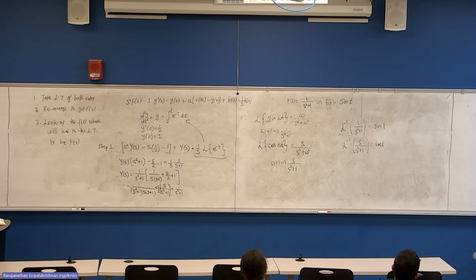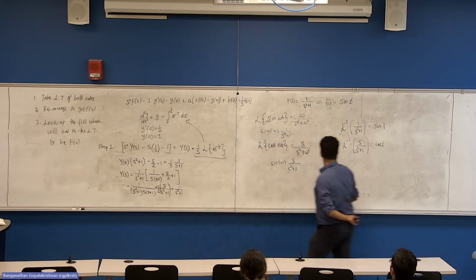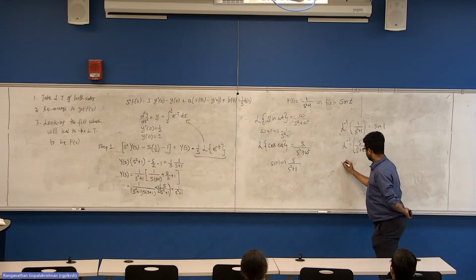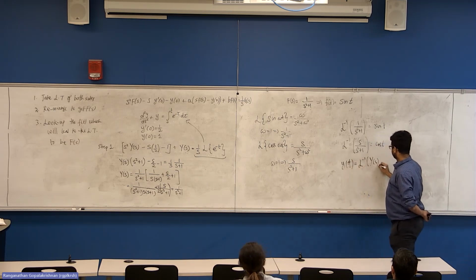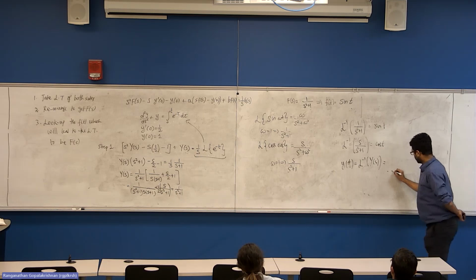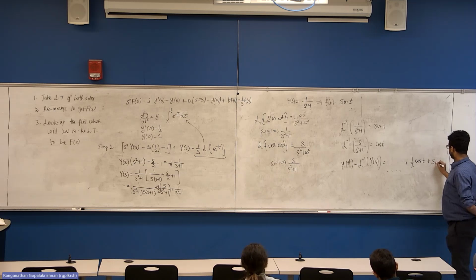So we have figured out 2 terms of the solution. If your solution is y of t, which is the inverse transform of y of s, the first term is to be determined, but the second term is half cos t plus sine t.